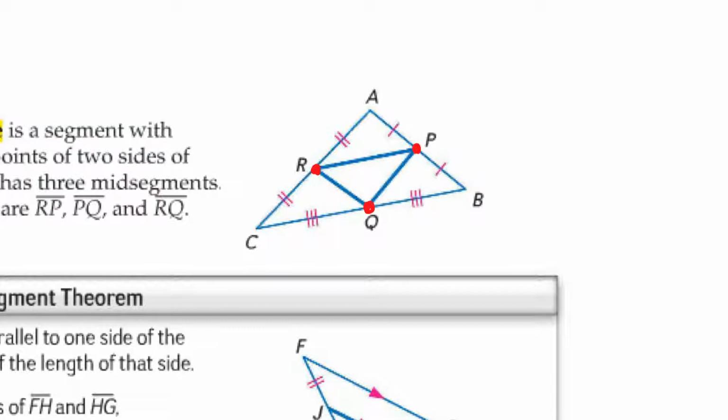Where you connect two midpoints is called a mid-segment, and every triangle has 3 of those.